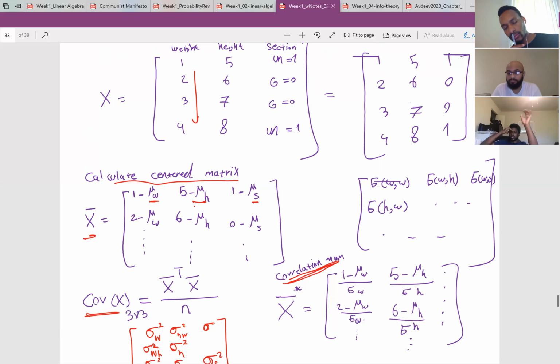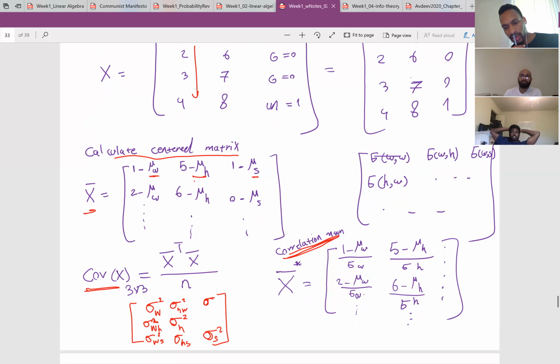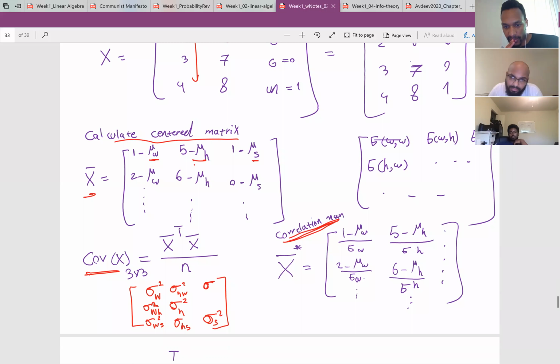If correlation is just covariance centered, I don't think that's true. I see, but you center it at some point and then you take the covariance. Actually, I'm just confused. Let's keep going. It doesn't quite look like it's just covariance centered. It looks like there's some more stuff, but there definitely is some centering going on.